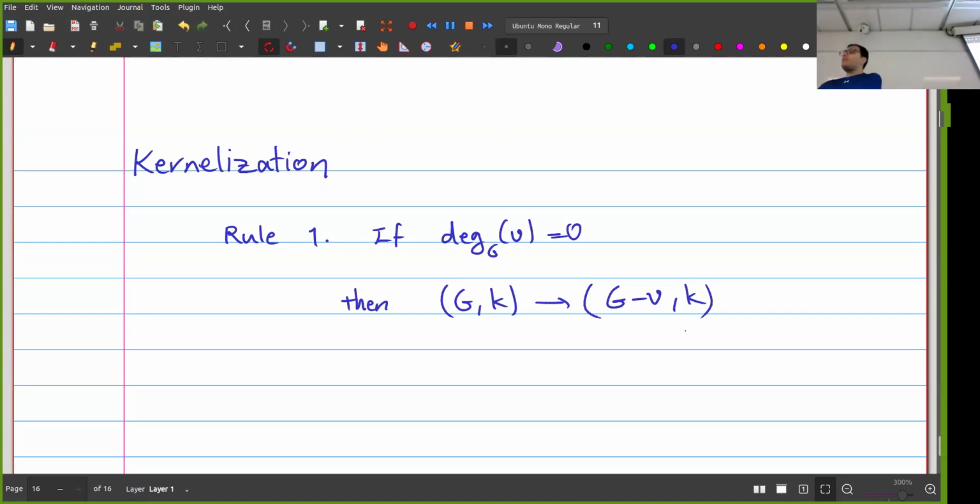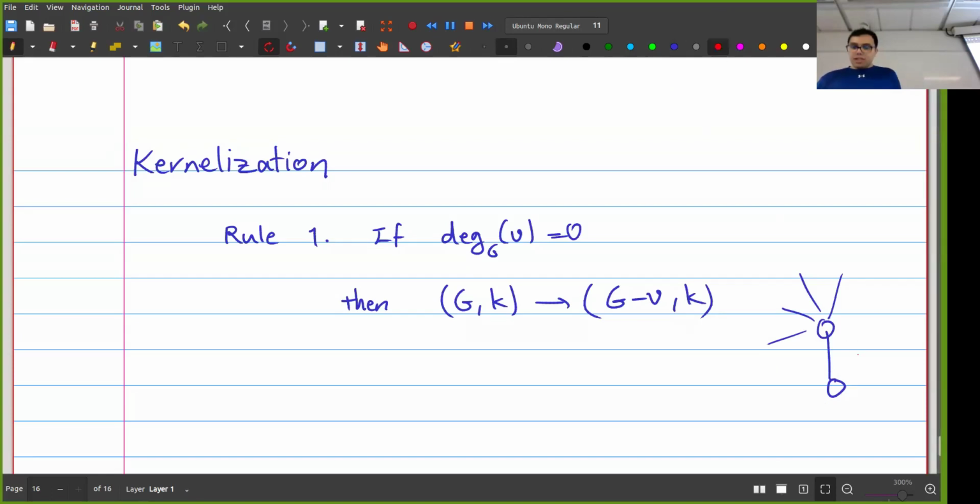Now, let's say I have a vertex of degree 1. Would I ever put a vertex of degree 1 into my vertex cover? If I have a vertex of degree 1, it's connected to some other vertex. Now, this other vertex is potentially connected to some other places as well. But this one has a degree of 1.